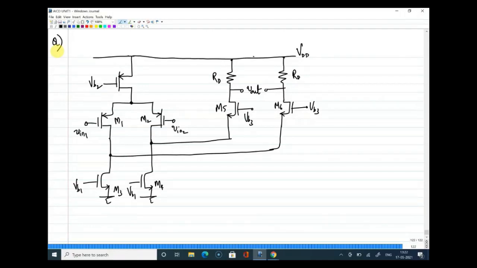It is basically a folded cascode structure. But don't worry about the operation of the circuit, because we will shortly see the circuit diagram in unit 2 when we start operational amplifiers. The question given now is to evaluate the voltage gain Av.